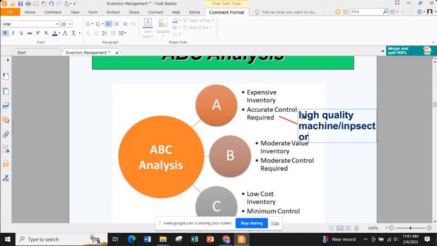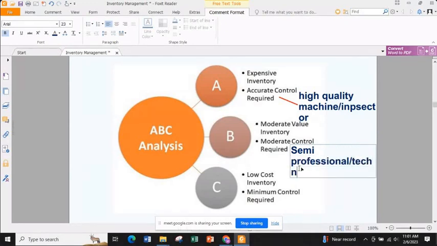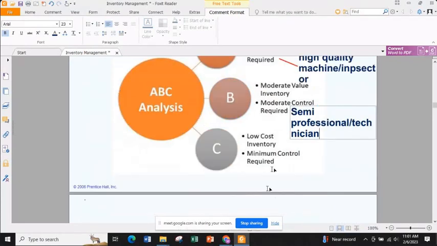And then B, moderate value inventory. You require moderate control, maybe semi-professional, like a technician. And C is low cost inventory with minimal control required.